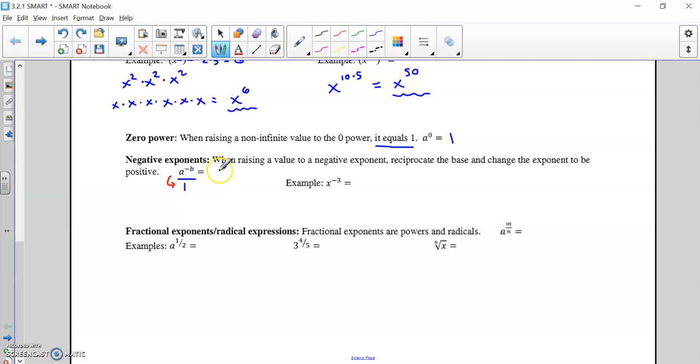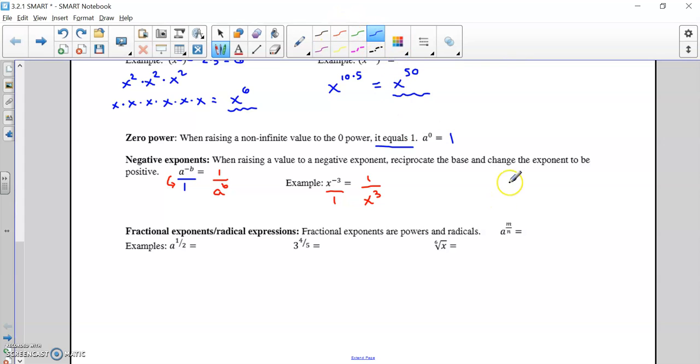Okay, so we will rewrite this where a to the negative b is on the bottom, but that negative sign goes away because we moved it. Okay, that negative sign was like a hall pass that we used to go to the other side, and then you give away that hall pass, right? And because nothing's left on the top, we have to put a 1 up there. It's like a placeholder. So here, again, know that it's always over 1 automatically. This gets to be written as 1 over x to the 3rd power, because this negative sign brings that term to the other side of the fraction.